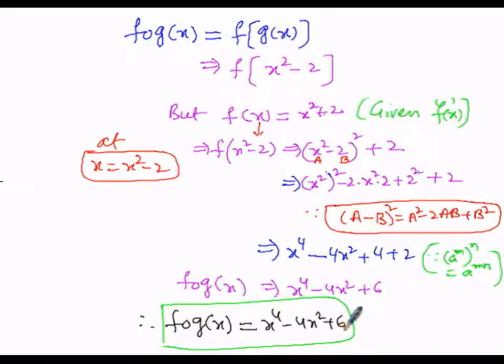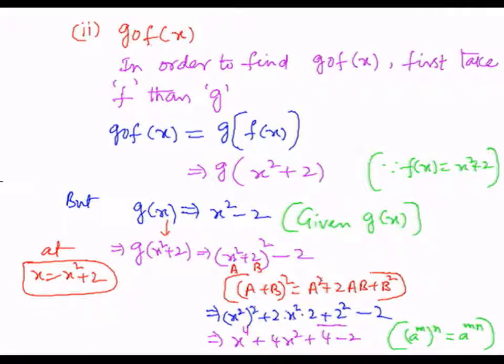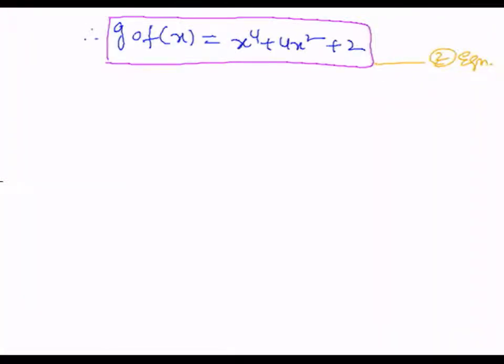So x to the power of 4 minus 4x square plus 6 is the f of g of x. Let us assume this as equation number 1.